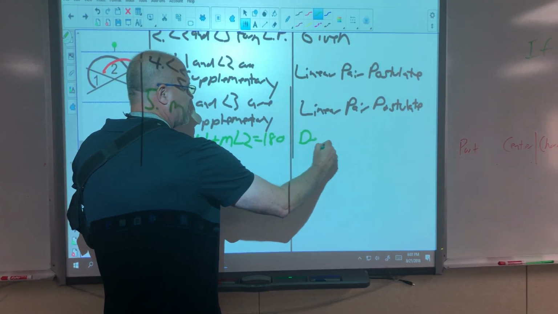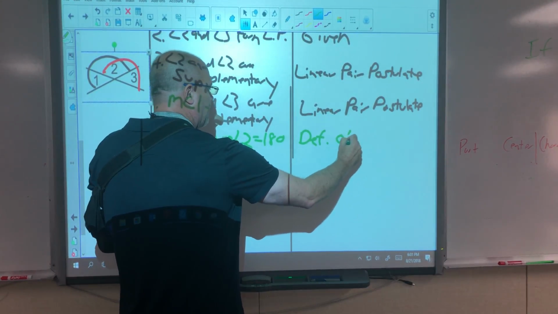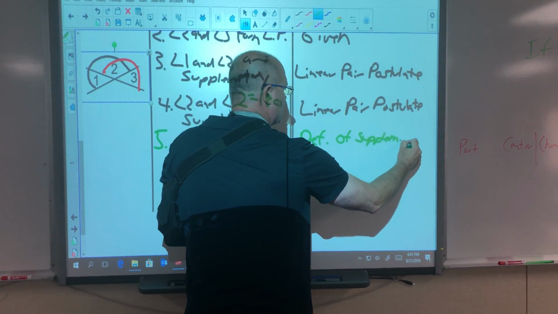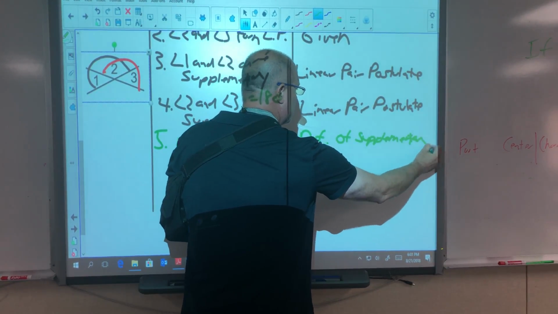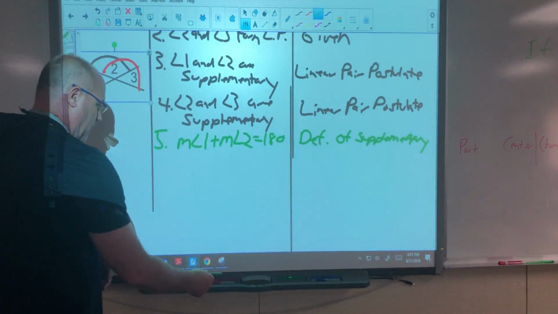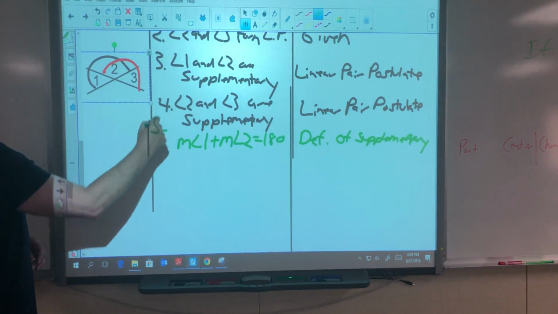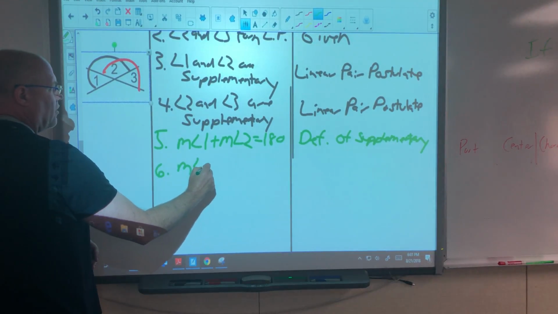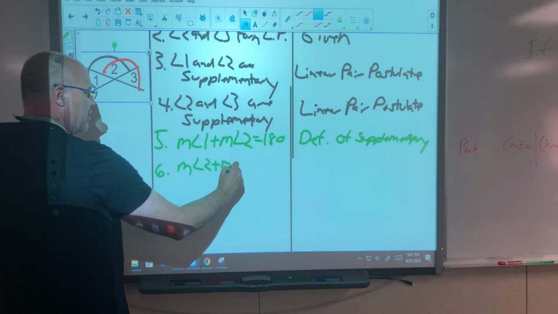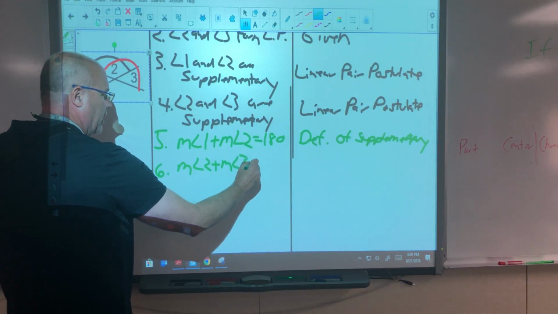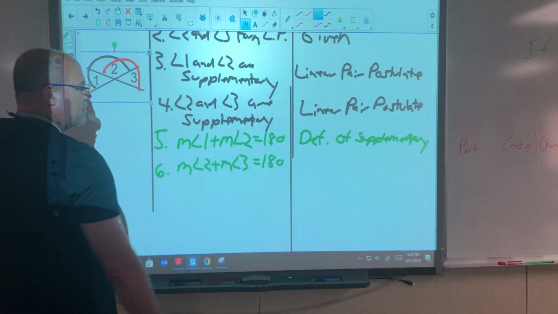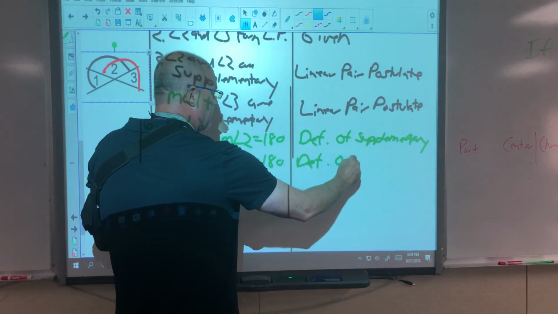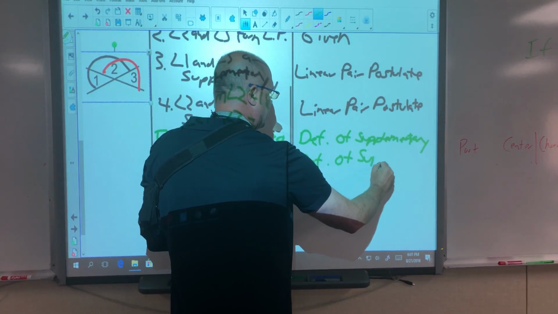That's just a definition. Definition of supplementary. We're going to say the same thing here for 2 and 3. So for 6, the measure of angle 2 plus the measure of angle 3 equals 180. And definition of supplementary angles.